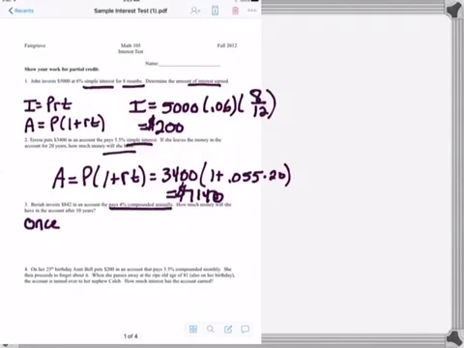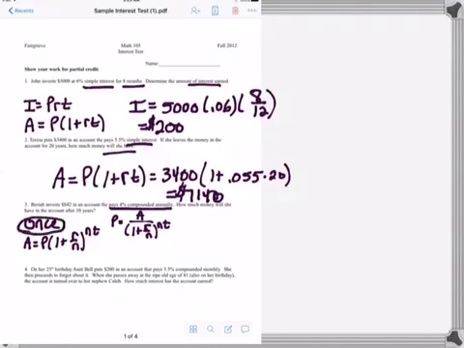When it's a one-time deposit, then we deal with our compound interest formulas, and there's two of them. The first is amount equals P times 1 plus R over N to the NT. The second one is the reverse of that, the present value, P equals amount divided by that quantity, 1 plus R over N to the NT. And so because it's once, we know we're dealing with one of those two formulas.